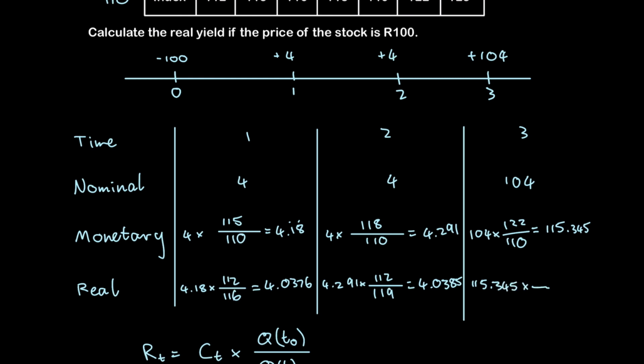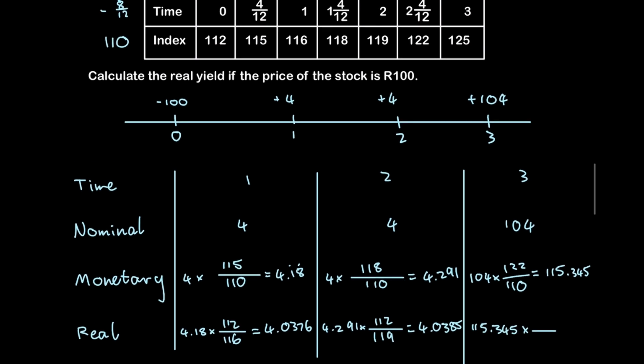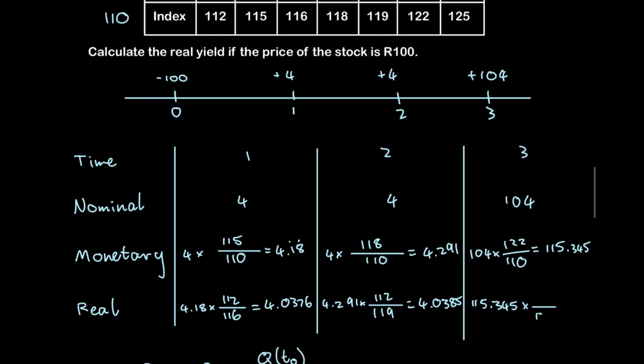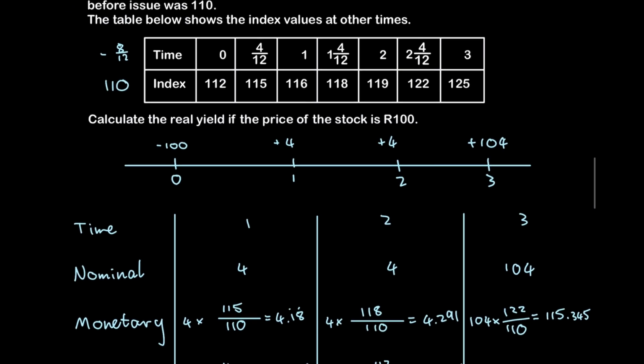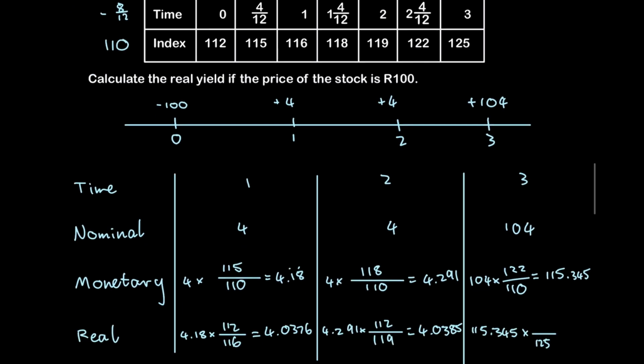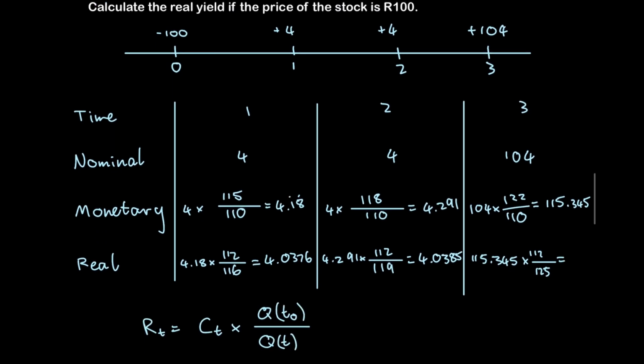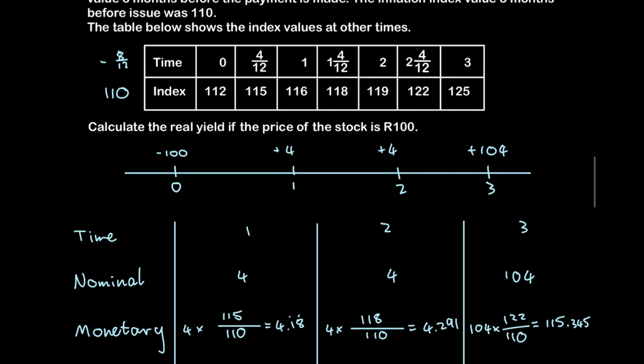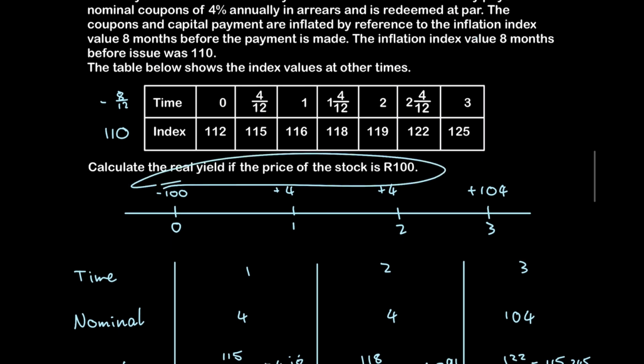If I calculate the real value, I've got to divide by the index at time 3, which is 125, and I multiply by the index at purchase date, which is 112, and I get the final real value of 103.35. Okay, so I have all my real values, and I was asked to calculate the real yield.